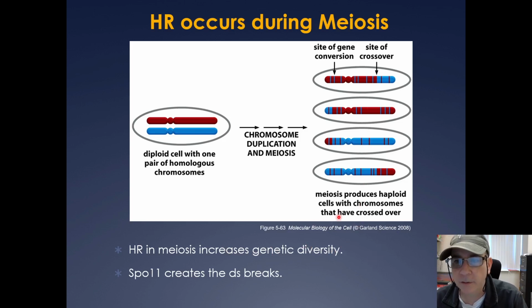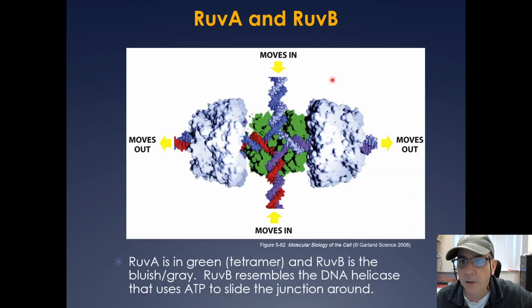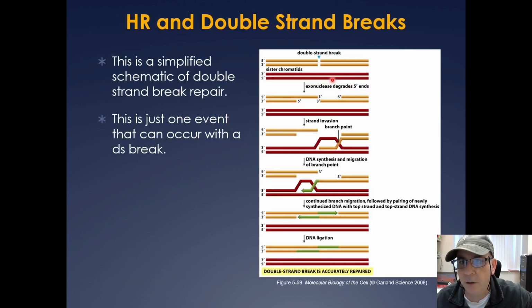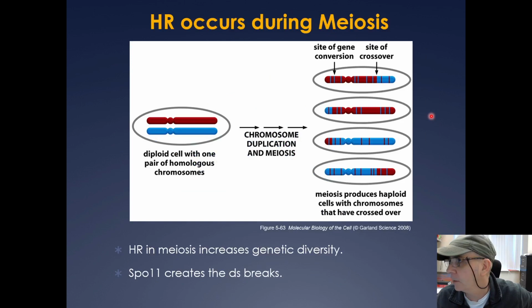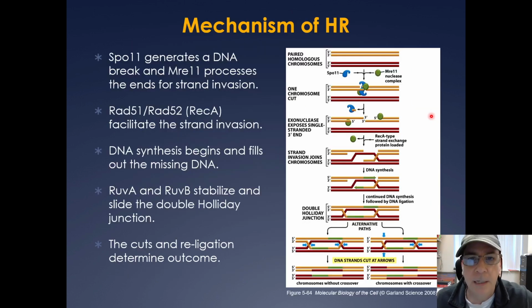Like I said, this is a regulated event to control genetic diversity, and it's controlled by an enzyme called SPO11, which creates the double strand breaks. So the double strand breaks occurring here are a regulated event. SPO11 will come in and cleave them. This is how it works, and once again, this is something I really want you guys to know.